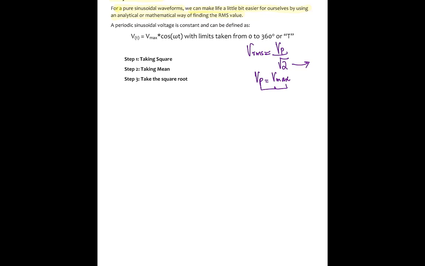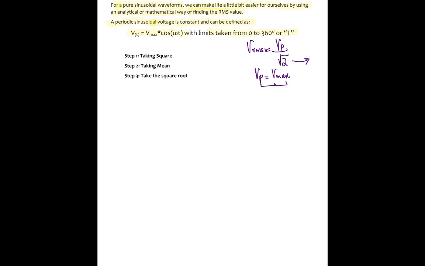Now, a periodic sinusoidal voltage is constant and can be defined as a function of V max cosine omega t, with limits taken from 0 degrees to 360 degrees, or T. Remember folks, when you are looking at the sine wave, the time it takes to complete one oscillation or one complete cycle is referred to as T, where this is pi and this is 2 pi. 2 pi would mean 360 degrees, correct?